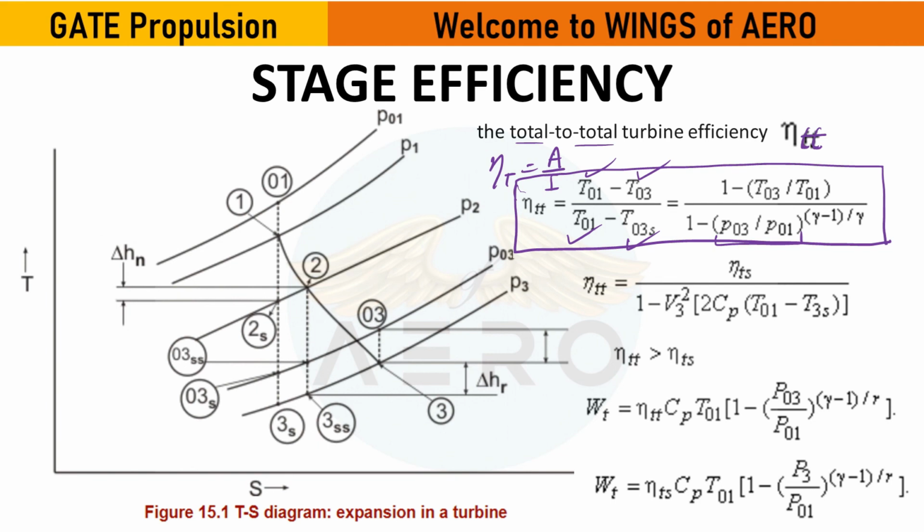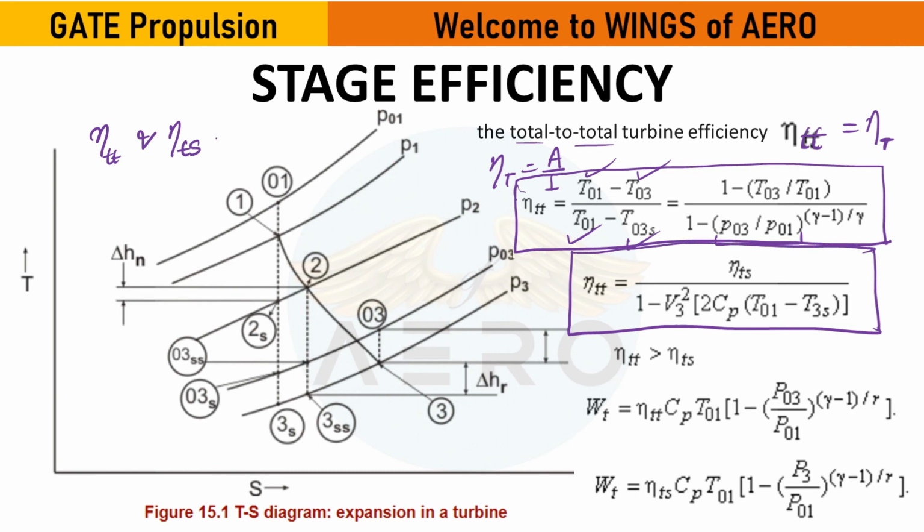Okay, so this is also known as the isentropic efficiency of a turbine. Now how are eta TT and eta TS interconnected with each other? There is another relation. If the question gives you the V3 value and the other values, you can find out the unknown parameters.